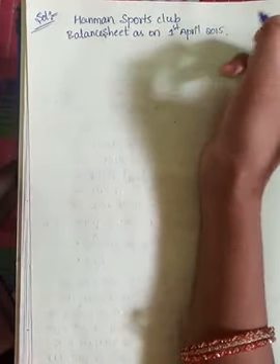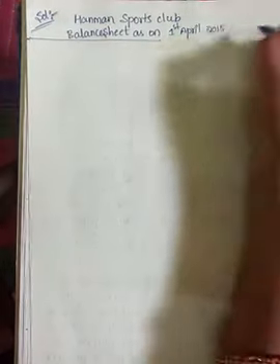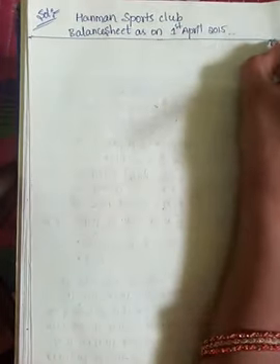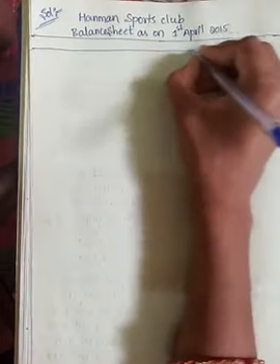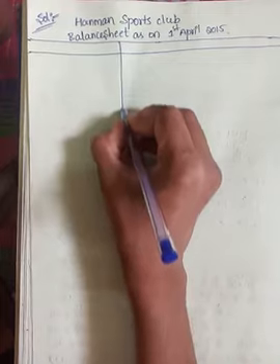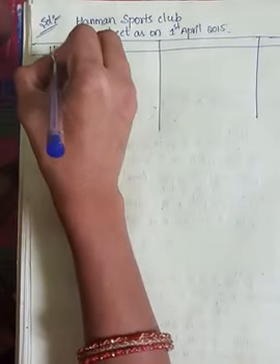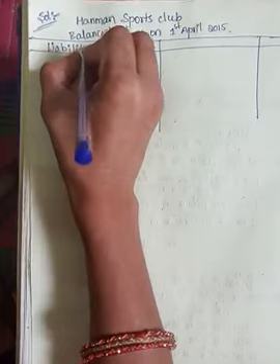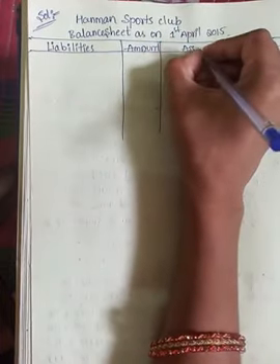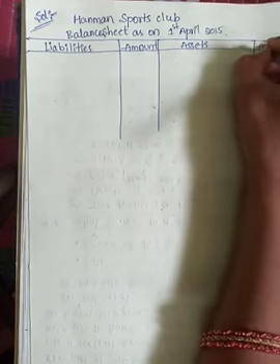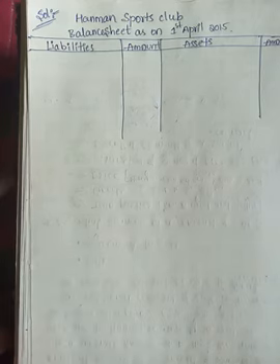First we'll prepare the opening balance sheet. Liabilities, amount, assets, amount is the proforma of the balance sheet. First see the asset side.